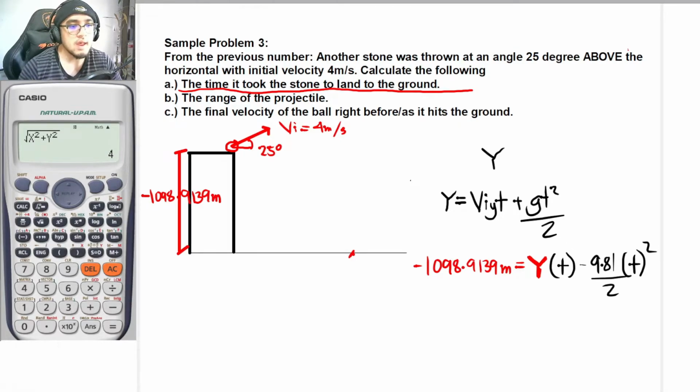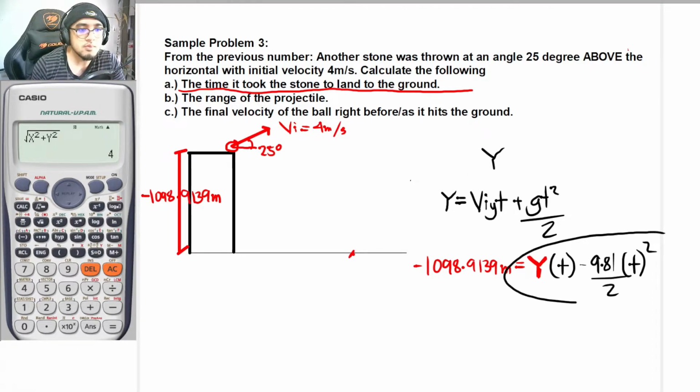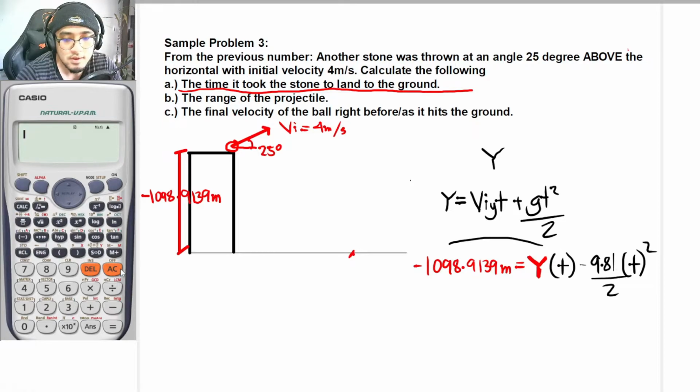Okay, so with that, I will now be rearranging this in this manner. Negative 9.81 divided by 2. What I will be doing is transposing all of this to this side. So if this is negative, it will become positive. So 9.81 divided by 2 is now equal to 4.905.